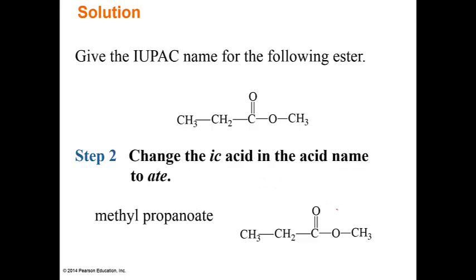And then we change it according to the number of carbons in the chain: 1, 2, 3. And that gives us our propionate. So methyl propionate. And it's just like that. Again, let's write down these rules, follow them, and move on from there.